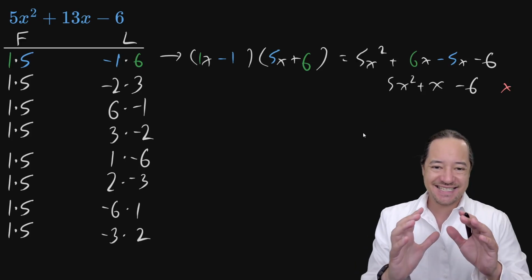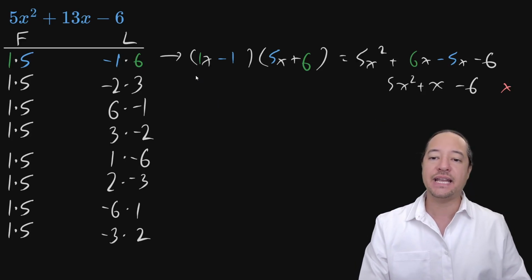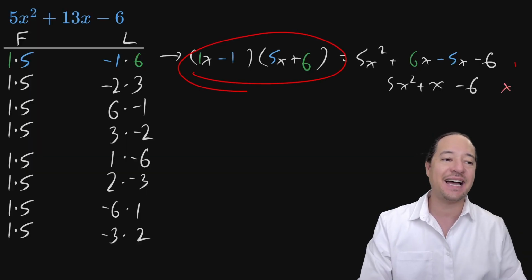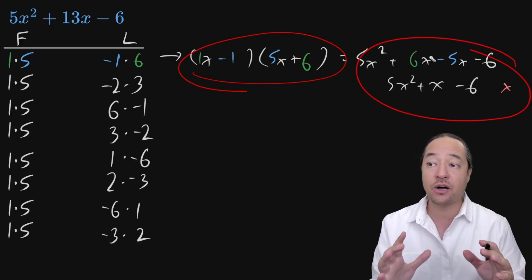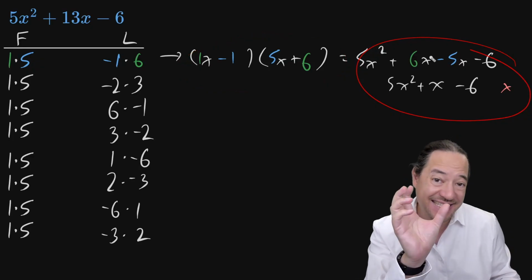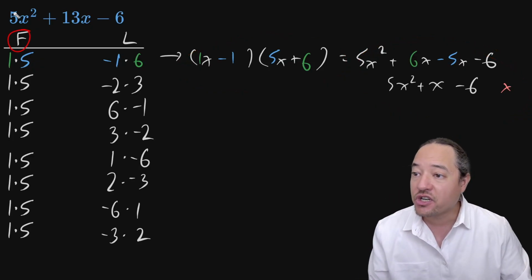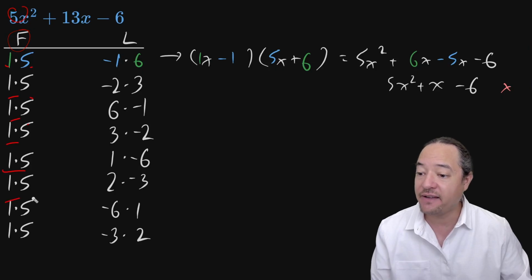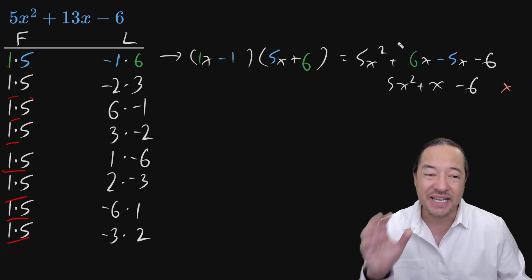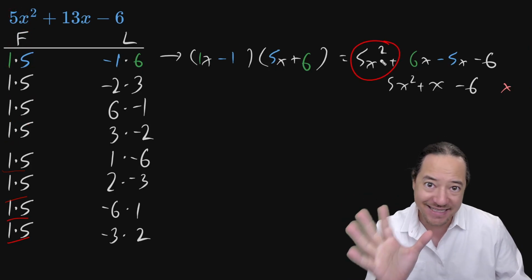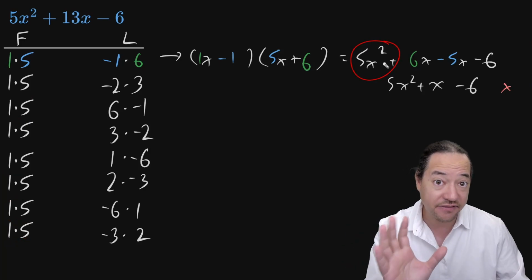And so essentially here, we actually don't have to write out this entire thing to try and figure out what the middle term is going to be, because that's the key. The first term is always going to be a 5, because 1 times 5 is always going to give us a 5. So at every single combination that we try, we never have to worry about not getting a 5x squared here. We will always get a 5.